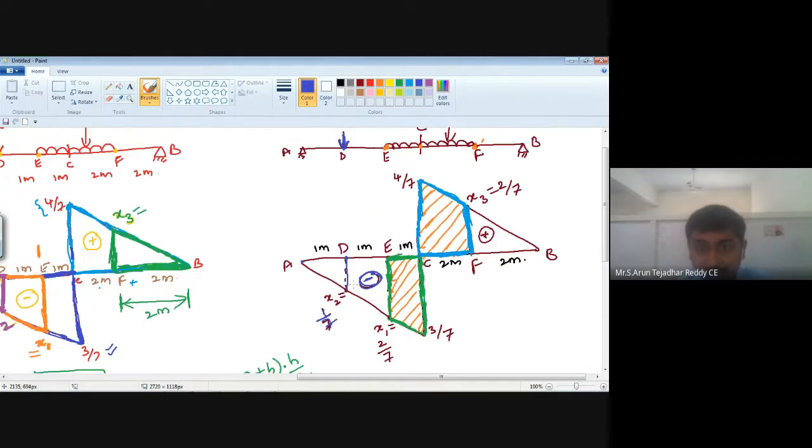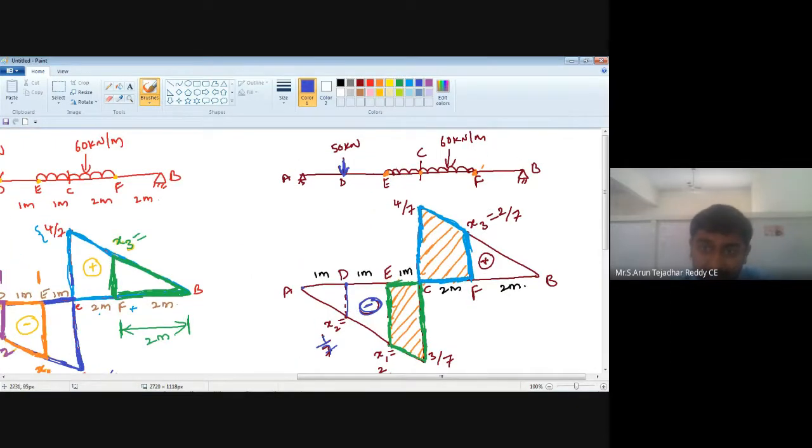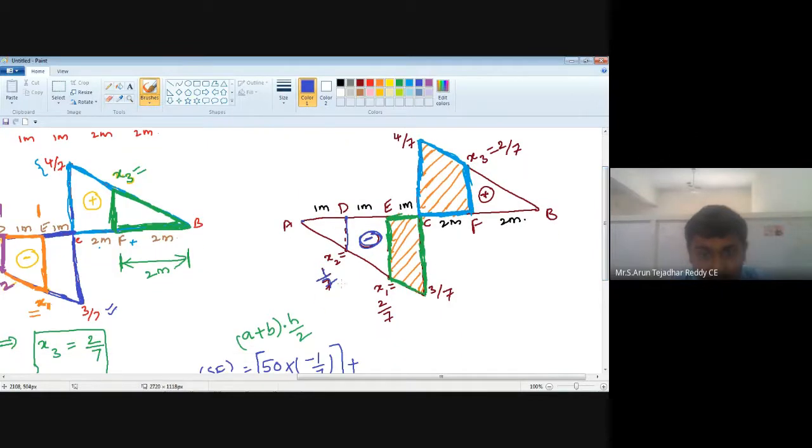Next the load is UDL. We are considering only the downward portion. It looks like a trapezoidal shape. So the formula is (A plus B) H by 2. Especially in this region, it is A, it is B. So I'll write clearly where A is equal to 2 by 7, B is equal to 3 by 7.